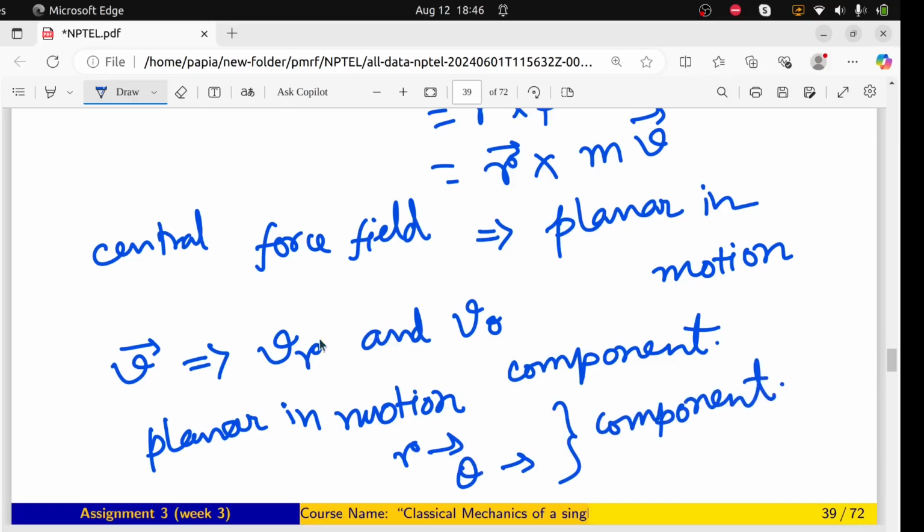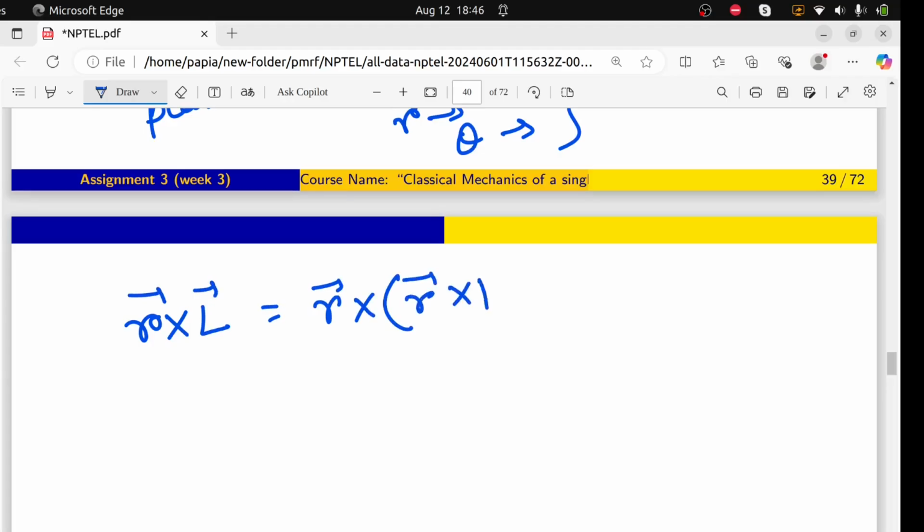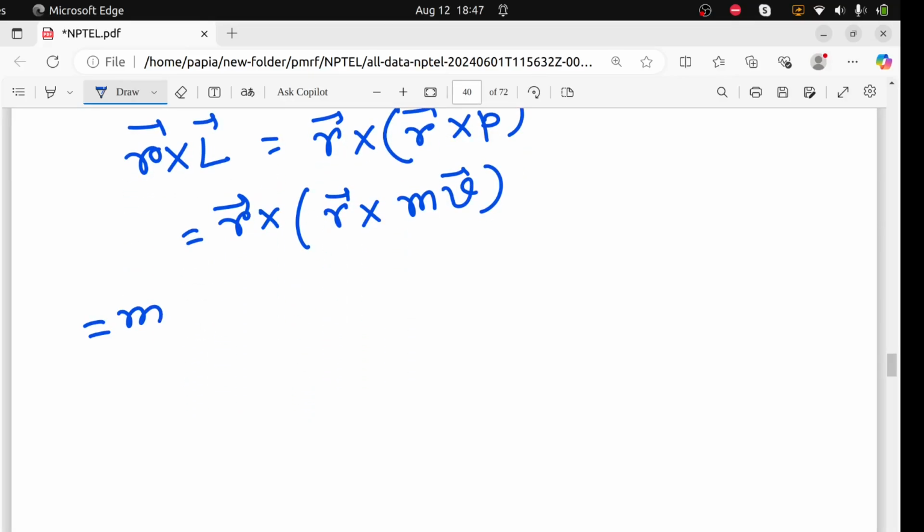Now r cross L means r cross p, which means r cross m v. If I write m outside, r cross v.